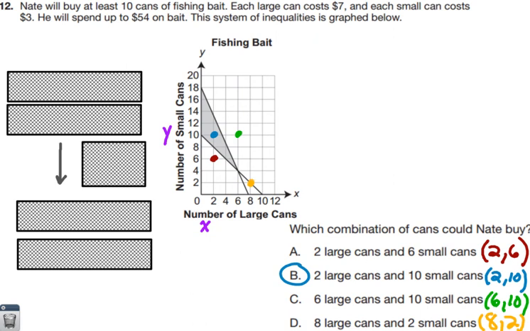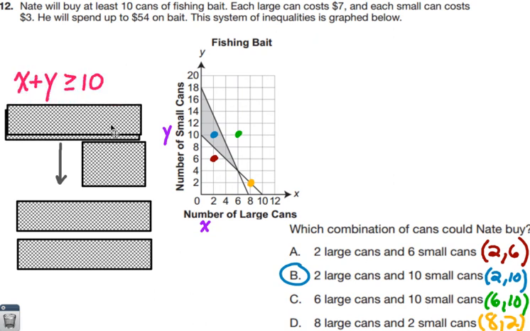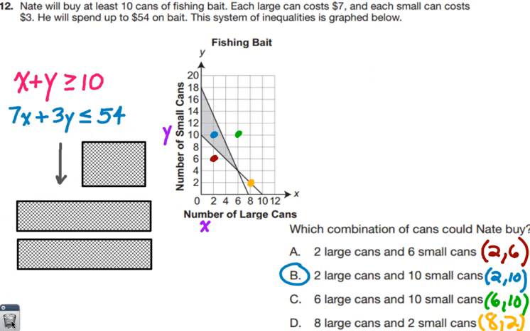And just for a little extra bonus math, on a side note, people, the system of inequalities that go with the graph, that you actually could have been expected to write on your own from the reading: at least 10 cans of fishing bait, at least 10 total cans, and up to $54.